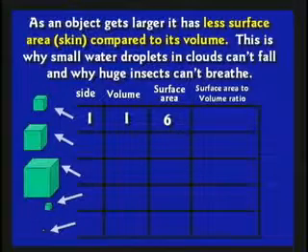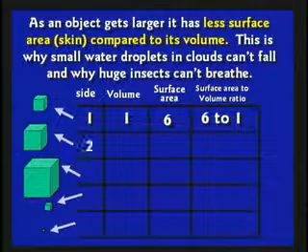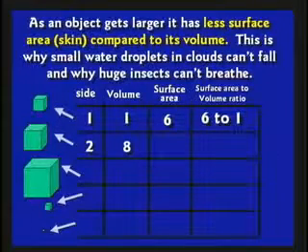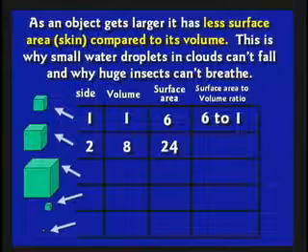Which means if we compare the surface area to the volume, we have a 6-to-1 ratio. Anybody lost? Okay. What if we double it to 2? 2 times 2 times 2 is how much? 8. Each side is 2 inch by 2 inch, so there are 4 square inches on a side. We still have 6 sides. 24 square inches of surface area. We have now dropped it to a 3-to-1.